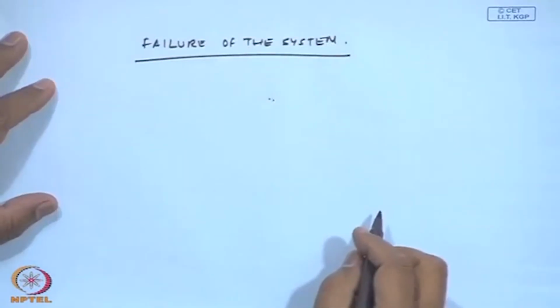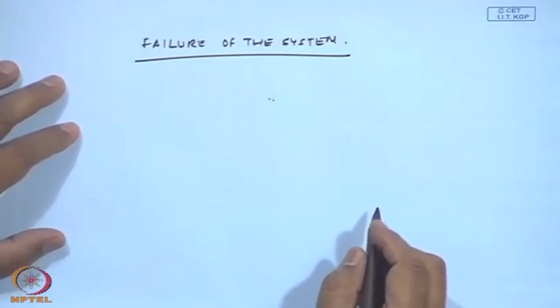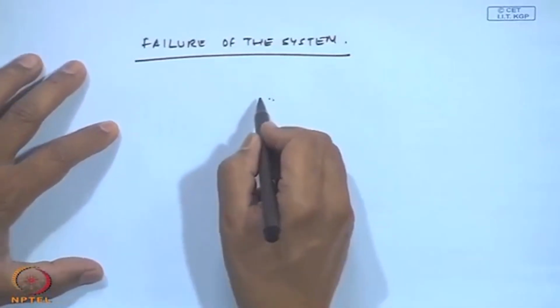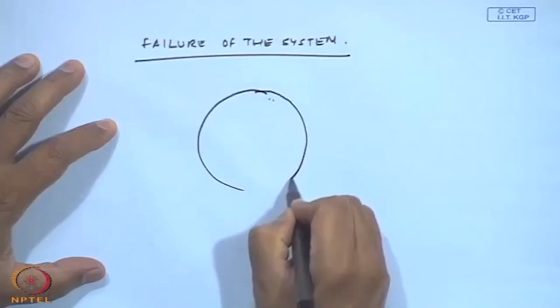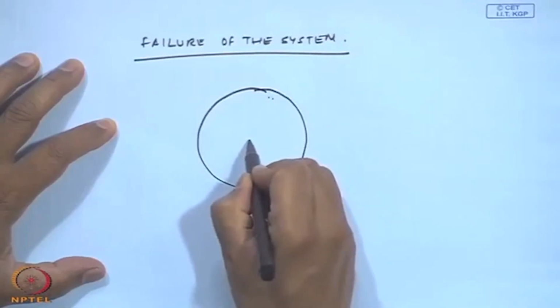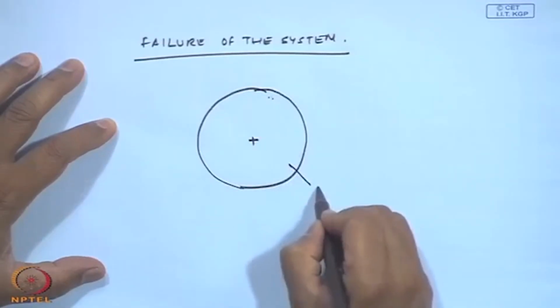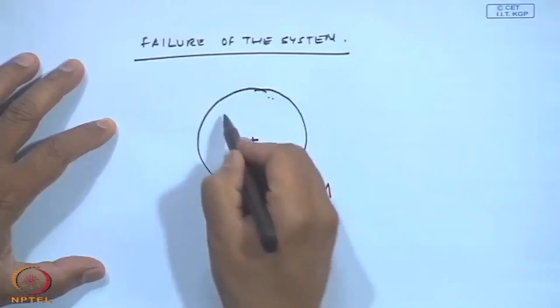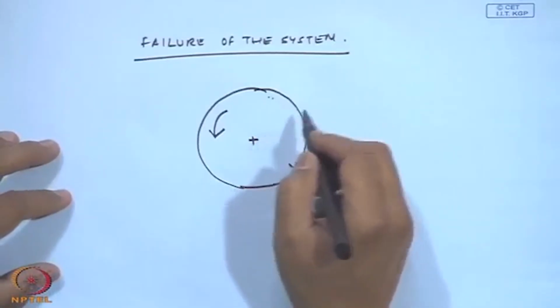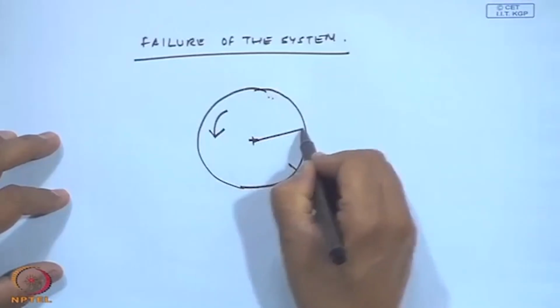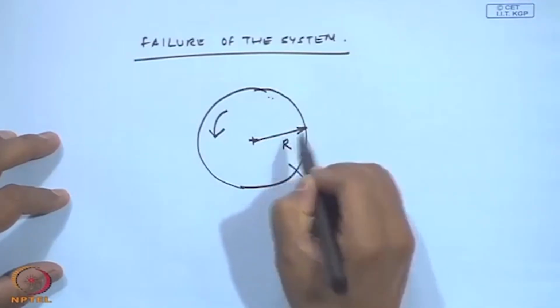Okay. So, now let us look at it from a different perspective. Let us look at a disk which is rotating. This has a mass m rotating. So, this has a radius r.